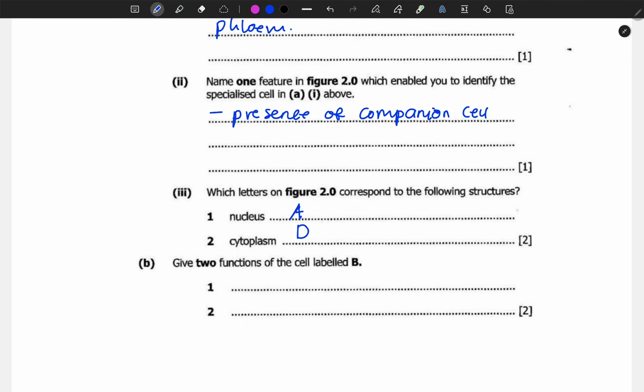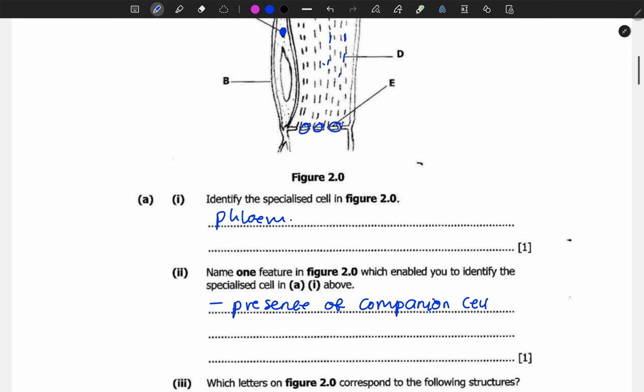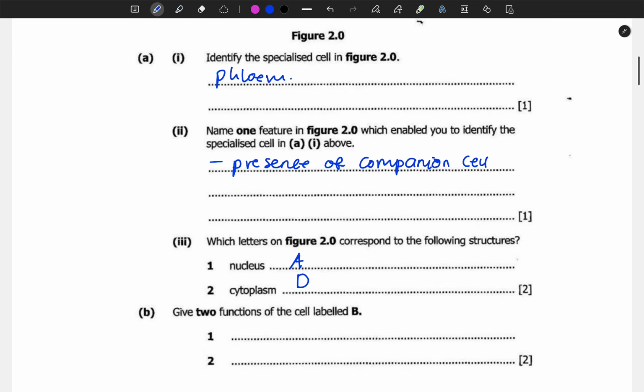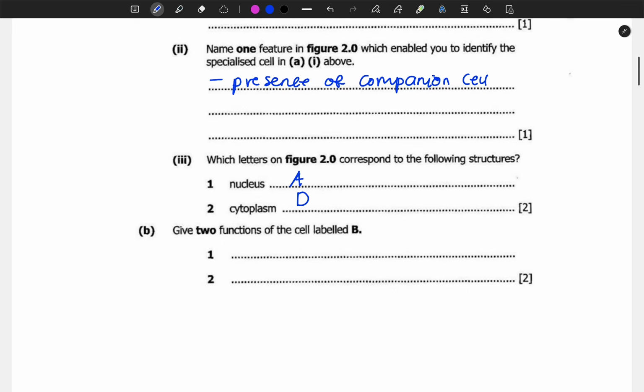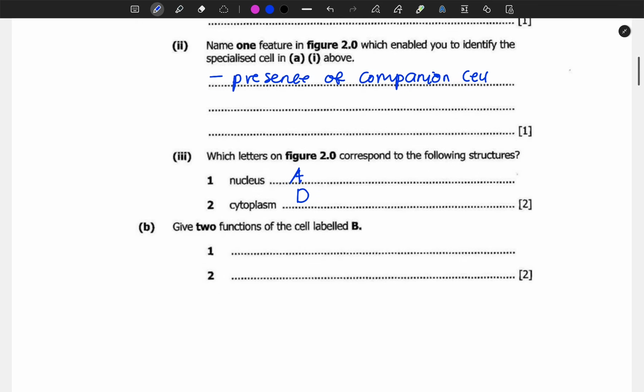Give two functions of the cell labeled B. B is a companion cell. What are the two functions? The first function of cell B is to provide energy to the phloem.